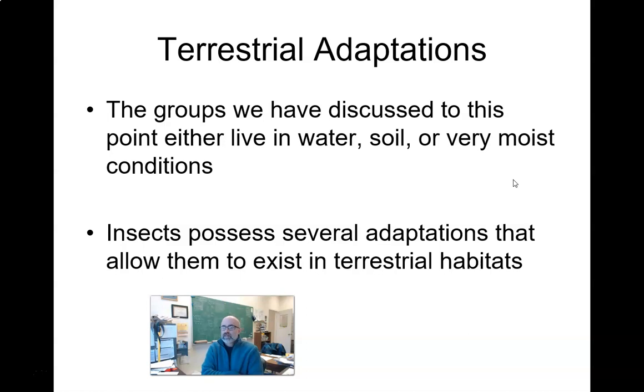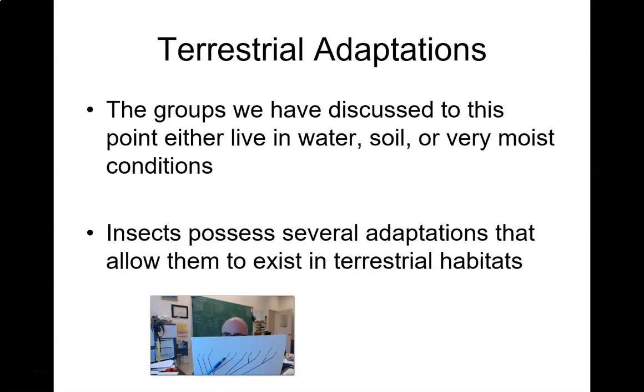Thinking about up to this point, if we look at this phylogeny here, think about sponges: they live in the ocean. Cnidarians largely are still marine. Platyhelminths, marine, freshwater, or very moist soils.